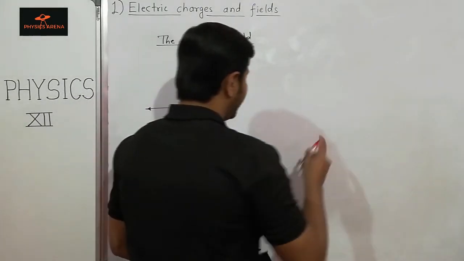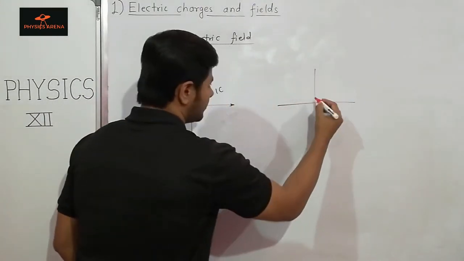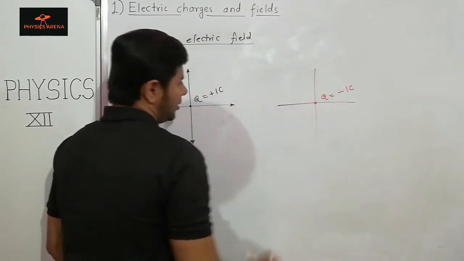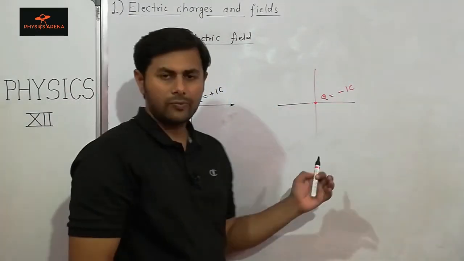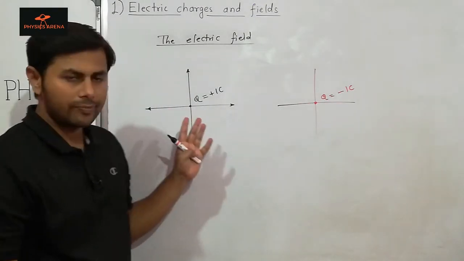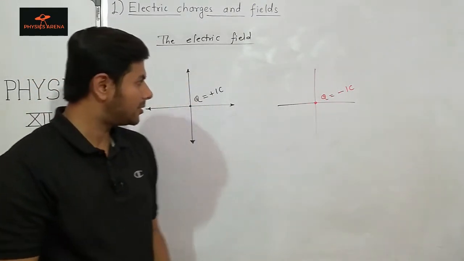Suppose we have negative charge Q equals to minus 1 Coulomb, then we again draw 4 lines because we drew 4 lines for positive 1 Coulomb of charge.